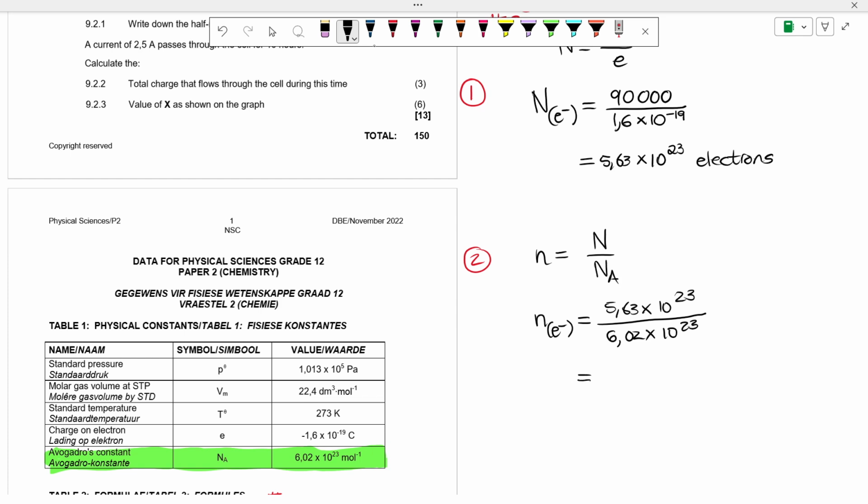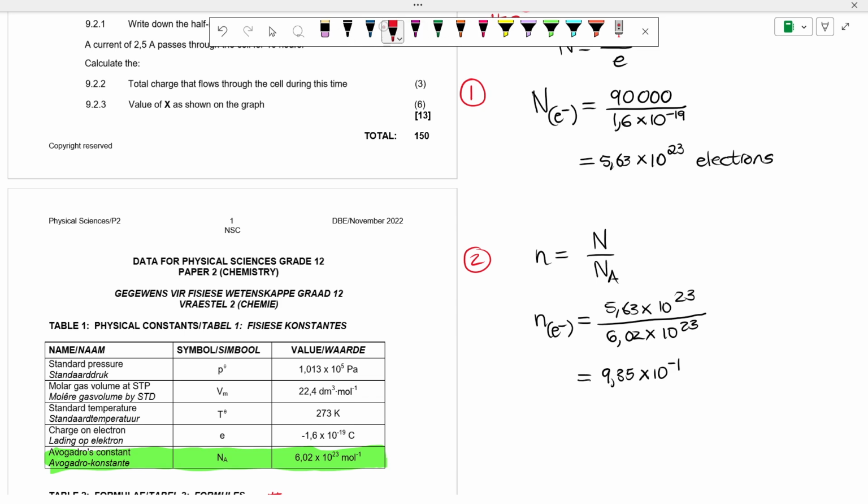9,35 times 10 to the power negative 1. Okay.